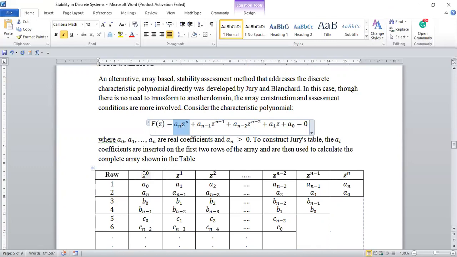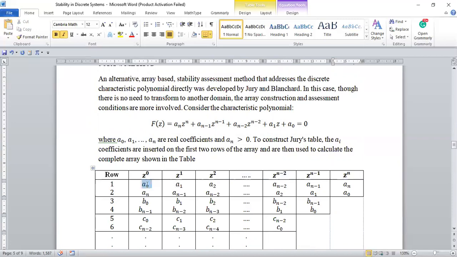So here is the first row. You're going to start with z raised to power 0, then you will end with z raised to power n. After that, you just put the coefficients directly under.